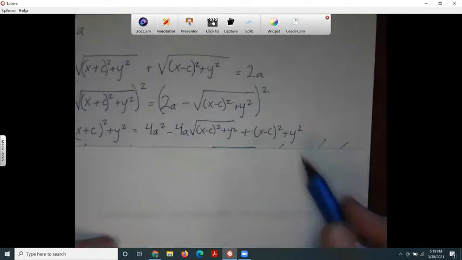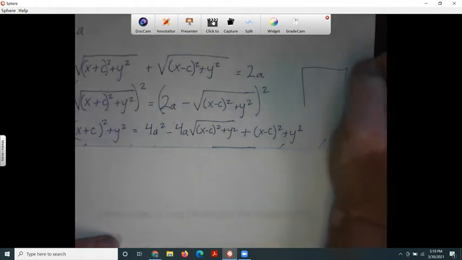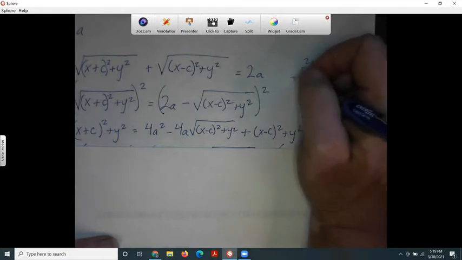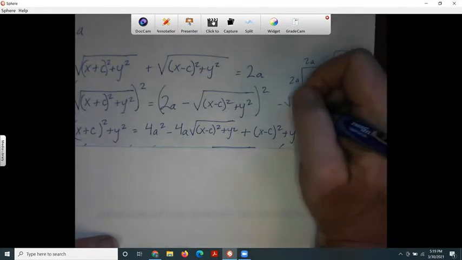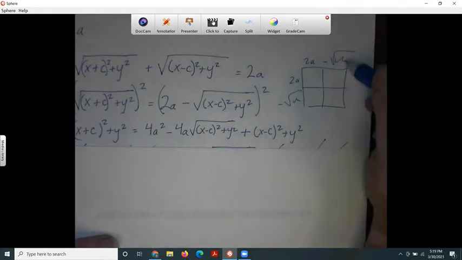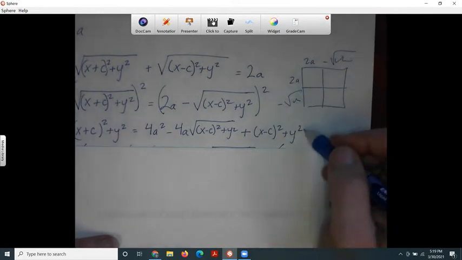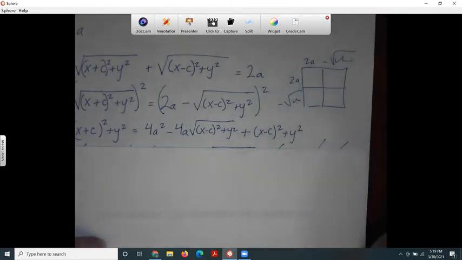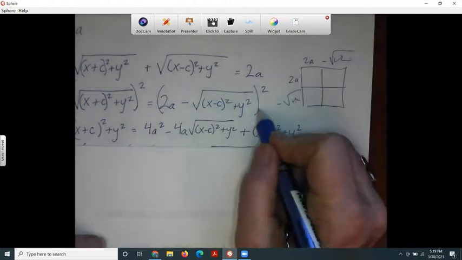If you don't understand what I just said, write the box. Write 2a and negative square root blah blah blah, and then 2a and negative square root blah blah blah. And when you multiply the square roots, you're just going to end up with what's inside.